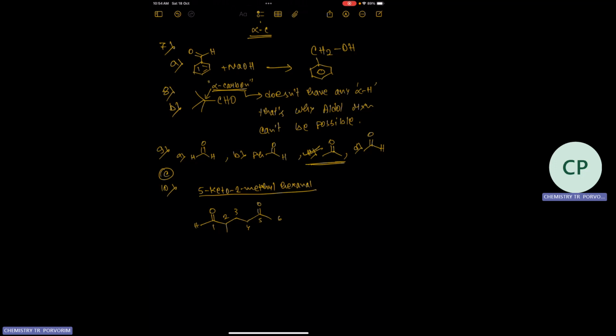This compound can be obtained from option D. Why? Because option D has CH3 with a double bond here.